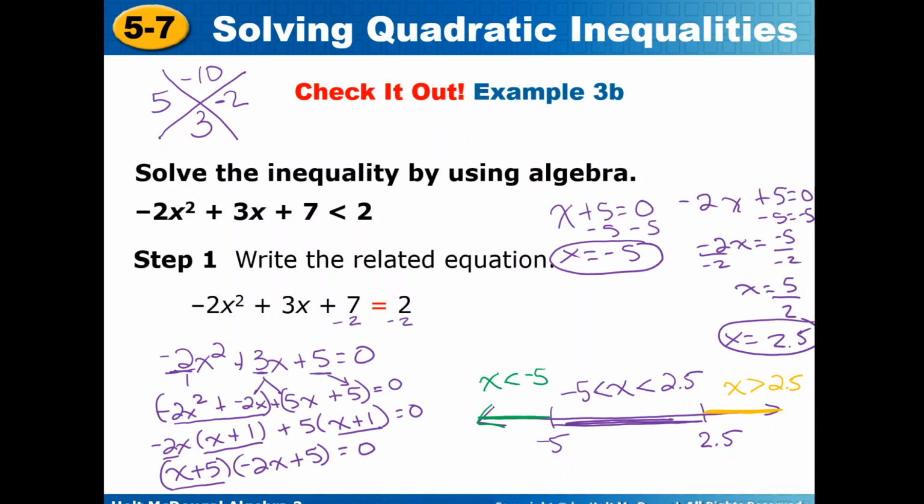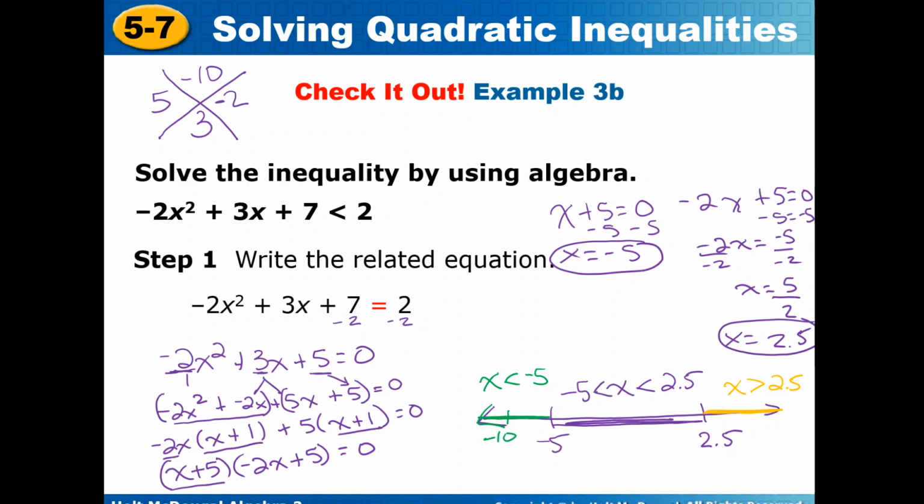Okay, so now I'm just going to choose some points in here that I can use to fill in. I need to choose a point in this green area. This is negative 1. So I'm going to actually choose negative 10. It might be a mistake, but I'm going to choose negative 10 because that's easy.